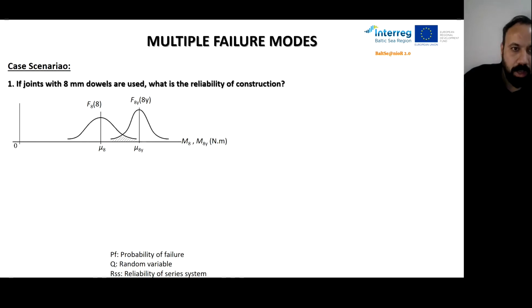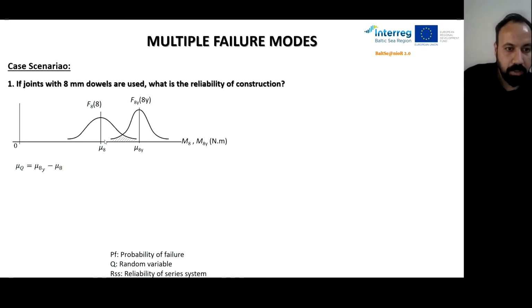So for this one, I put here Q as my random variable. Q is a random variable related to the strength of the 8 mm dowel in the joint and construction. So I am using that equation.